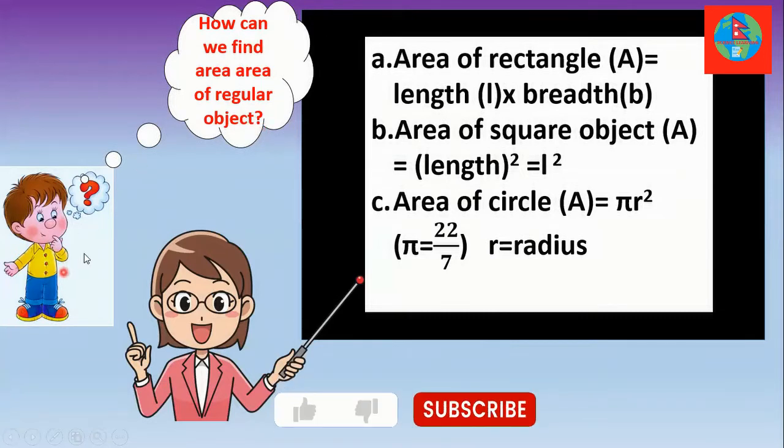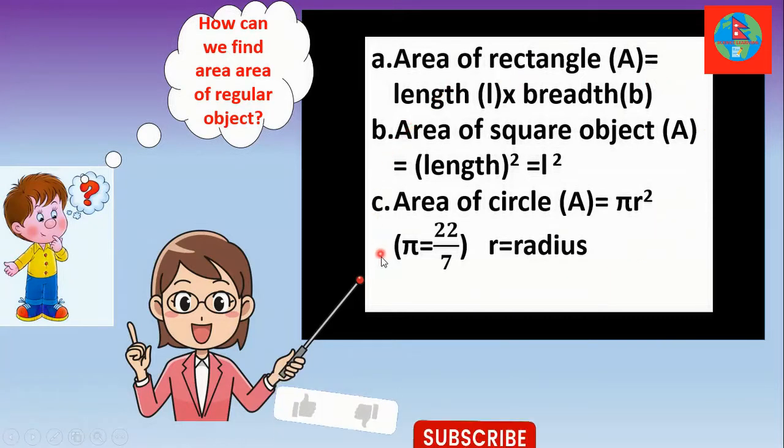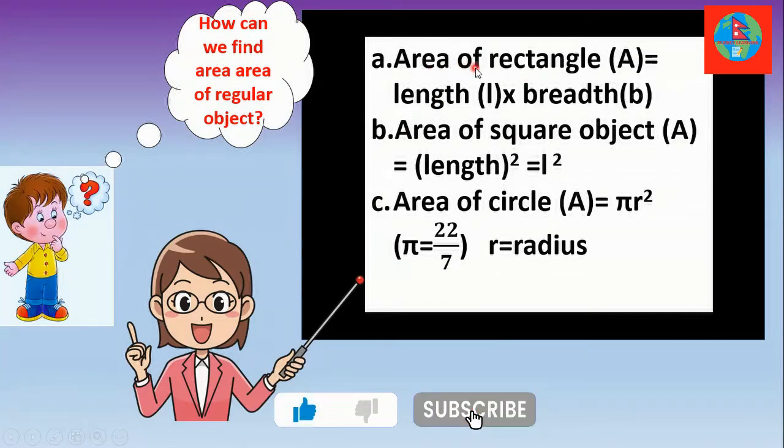By using this type of formula, we can calculate the area of regular objects. The area of a rectangular object is equal to length into breadth. The formula is A equals L into B. The area of a square is A equals length square.